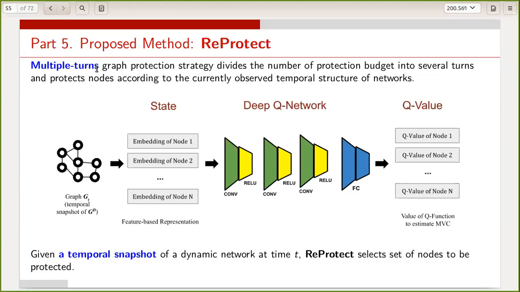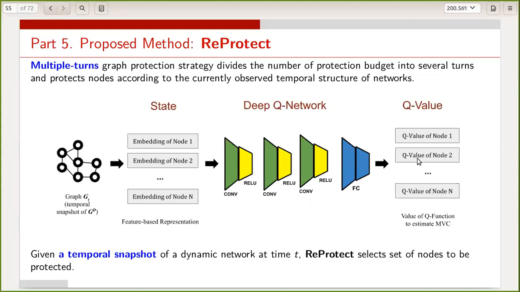In the dynamic graph, we have a given graph, the temporal snapshot, and we have the embedding of its nodes. Then we use the deep Q network to parameterize, and we can get the Q value, the result of the Q function, for each node.